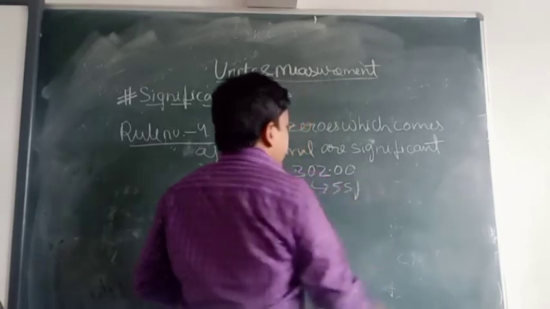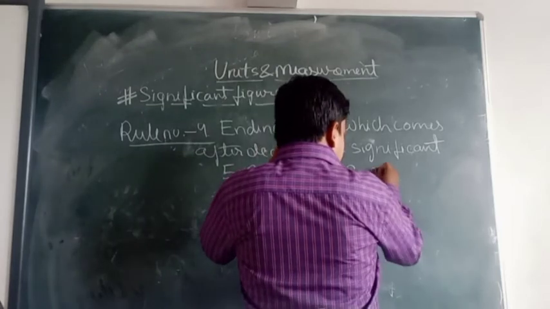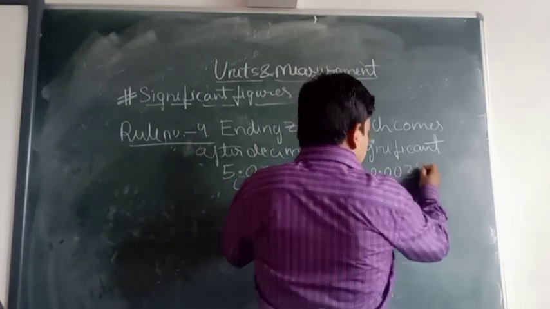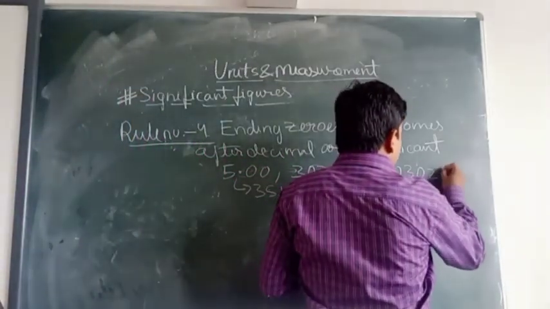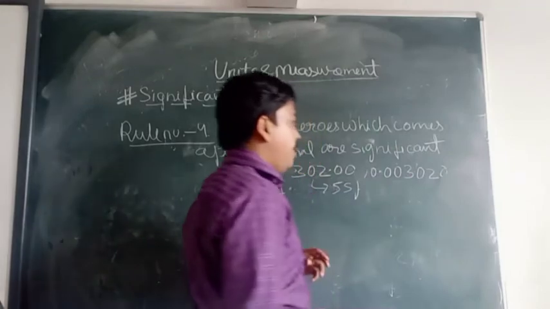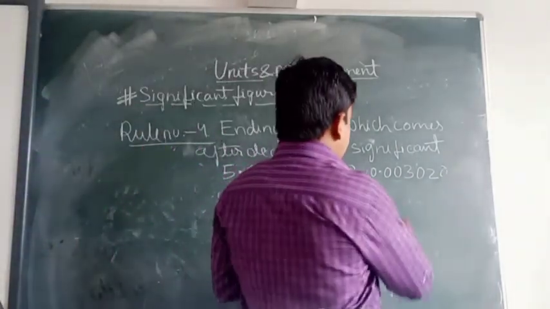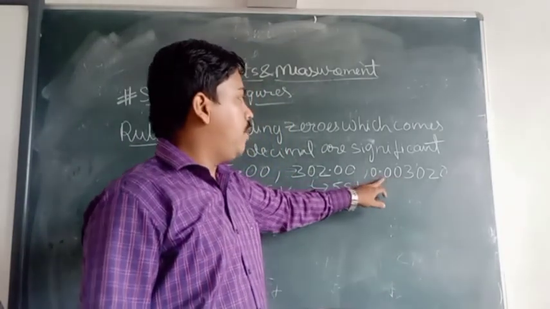Okay. And suppose one more example has been given to you like this: 0.03302. How many significant figures are here? 4 significant figures are here. Because these 0 will be counted or not?